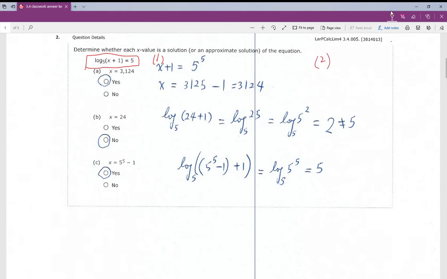I say it's by definition. Method 1 by definition. Now, my definition is the input x plus 1 always equals the base to the exponent.